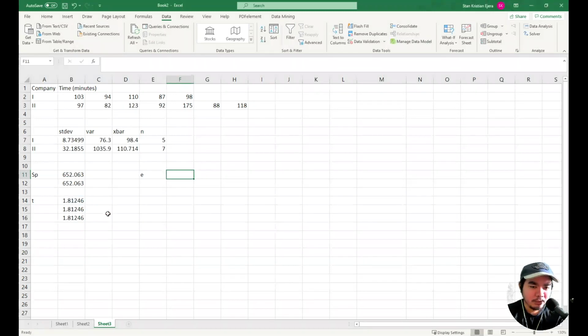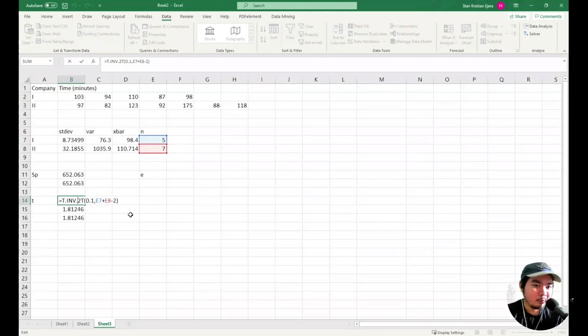So again, hopefully you saw what I did, the two cases? Or did you not see it because I showed a different screen? Anyway, here it is. The first case is this one. We do T.INV.2T, and the first argument is the entire alpha, so we don't divide by 2. Then the degrees of freedom, which is just n1 plus n2 minus 2.